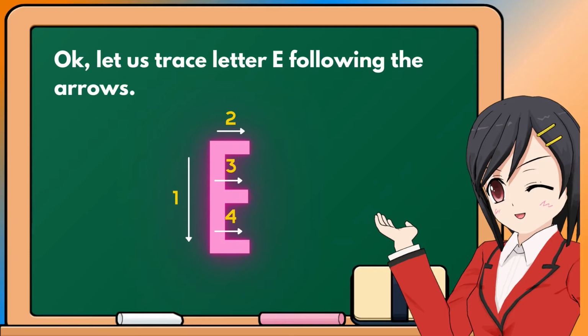Again, one line going down, 1, 2, 3. That is letter E. Remember that E has 3 arms.